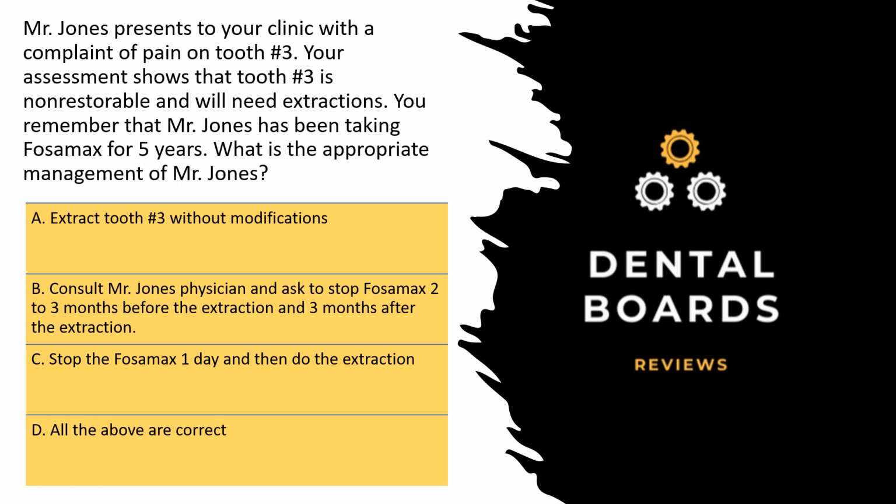What is the appropriate management of Mr. Jones? Okay. So is it A, extract tooth without any modifications? Or B, consult Mr. Jones' physician and ask to stop Fosamax for 2 to 3 months before the extraction and 3 months after the extraction? Or C, stop Fosamax for 1 day and then do the extraction? Or D, none of the above?